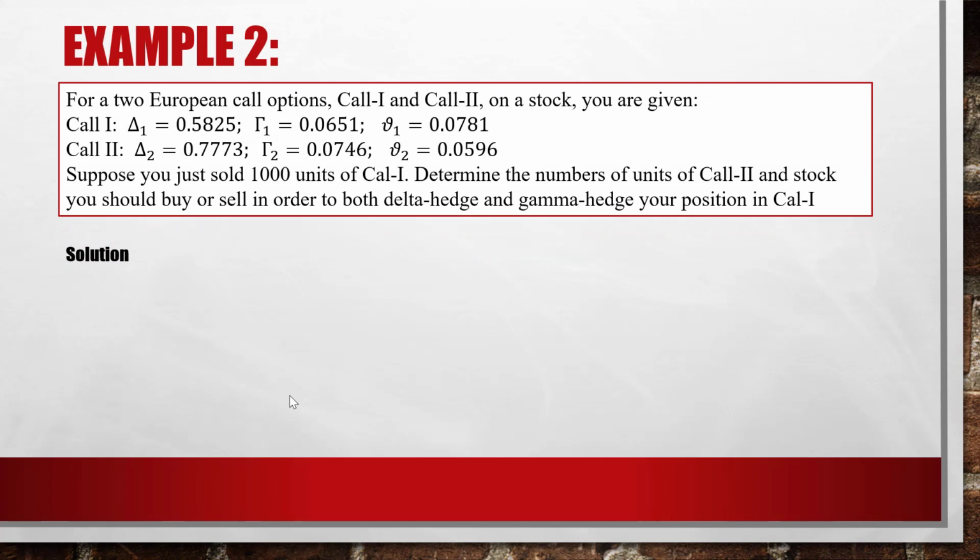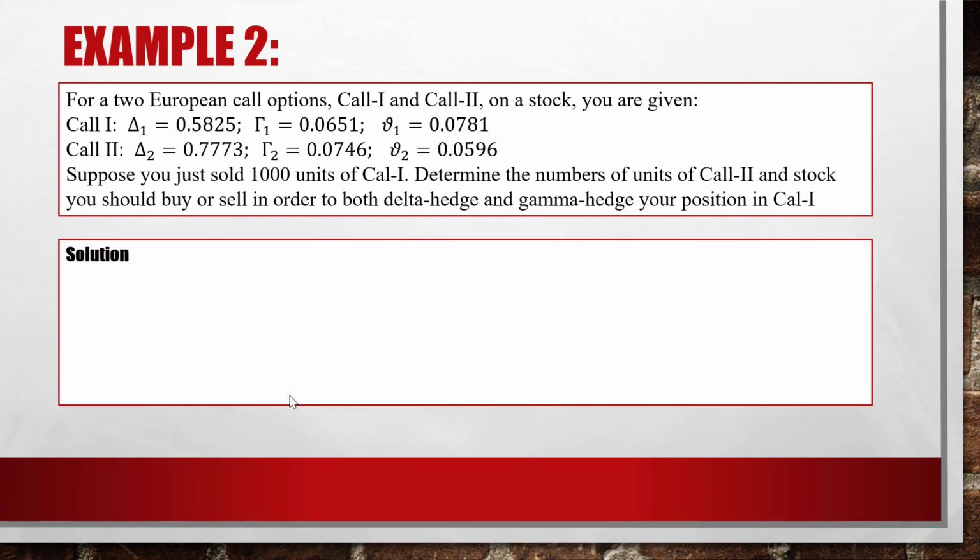Alright, example 2. For two European call options, call 1 and call 2 on a stock, you are given call 1 with this information: delta, gamma, and vega. Call 2 also has delta, gamma, and vega. Suppose you just sold 1,000 units of call 1. Determine the number of units of call 2 and the stock you should buy or sell in order to both delta hedge and gamma hedge your position in call 1.